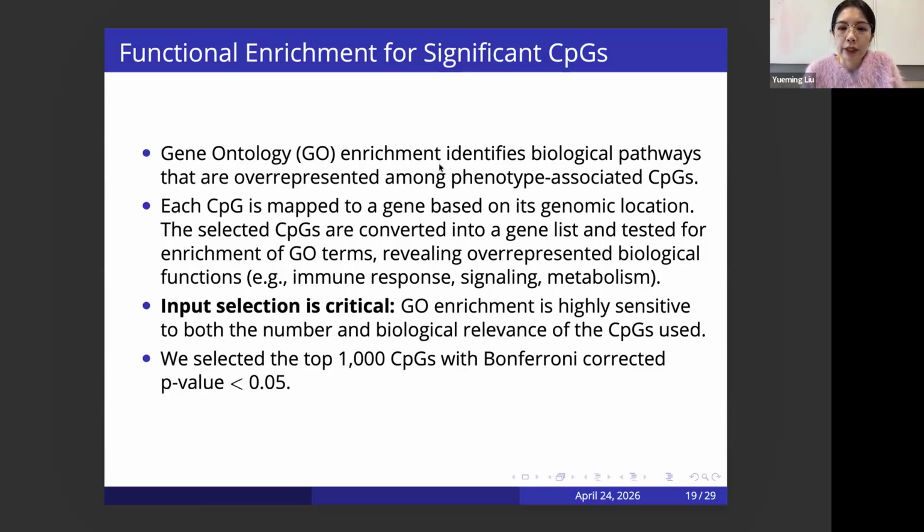The selected CpGs are converted into a gene list and tested for enrichment for GO terms, revealing overrepresented biological functions. Here the input selection is critical. Those kinds of enrichment are highly sensitive to the size of the input CpGs. Therefore we selected the top 1,000 CpGs with buffer-only corrected p-value smaller than 0.05.